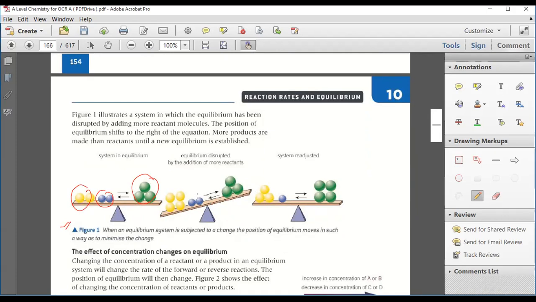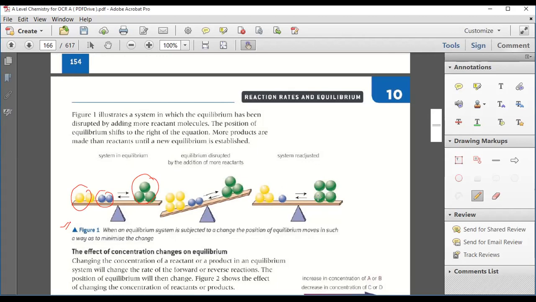Now what happens? The system readjusts itself in such a way that there is one more green ball, and one of the blue and one of the yellow balls have been removed. The system is again in equilibrium. So when an equilibrium system is subjected to a change, the position of equilibrium moves in such a way as to minimize the particular change. Clear?